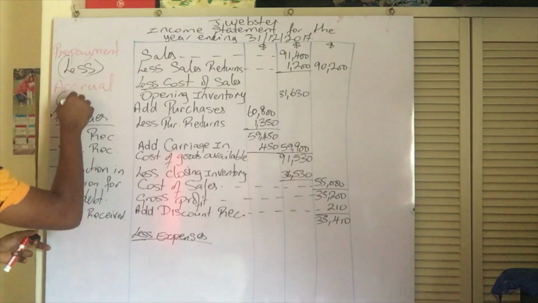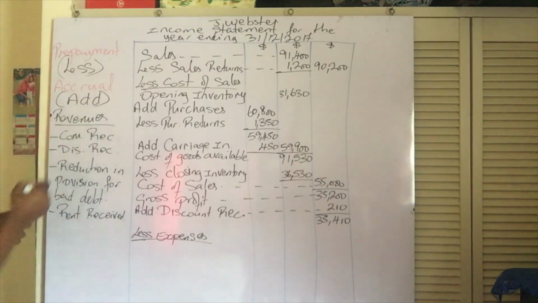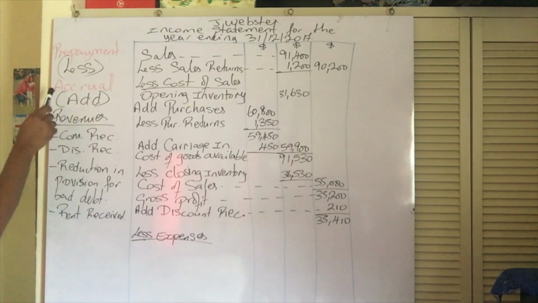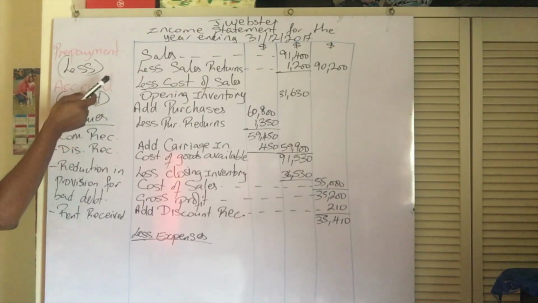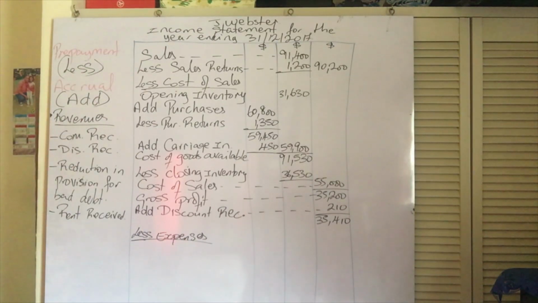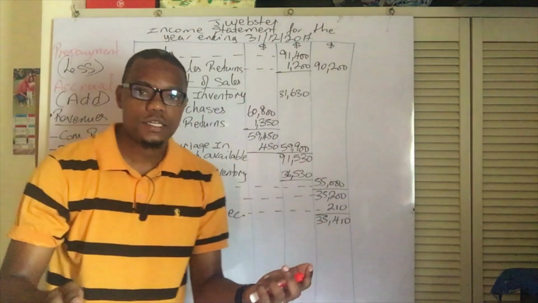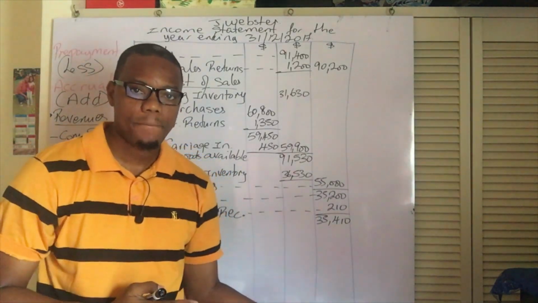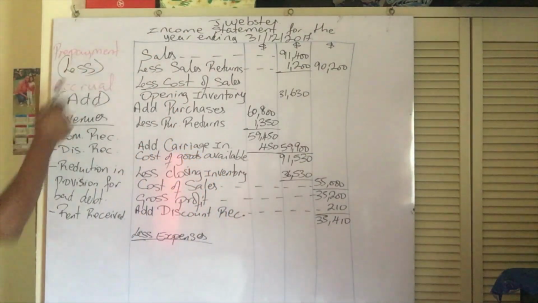And the rule is that we add accrual. What I tell my students to remember is, for accrual, you see the A that starts accrual, you just say add. If you know that for accrual you add, then you will know that for prepayment you less, because if you know one, you basically know the other. So for accrual you add, for prepayment you less.